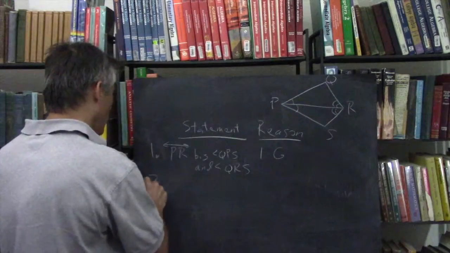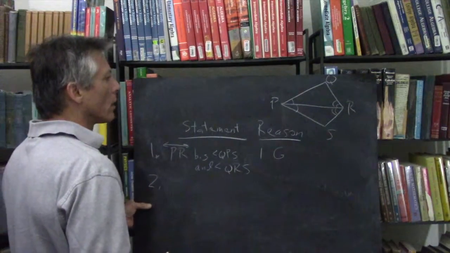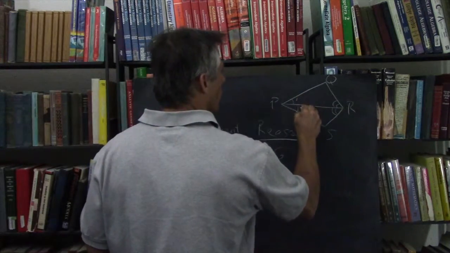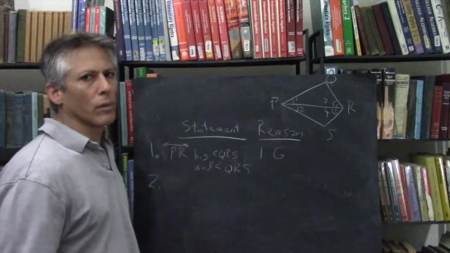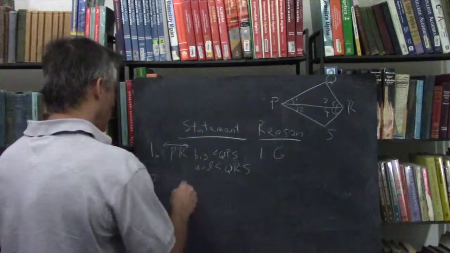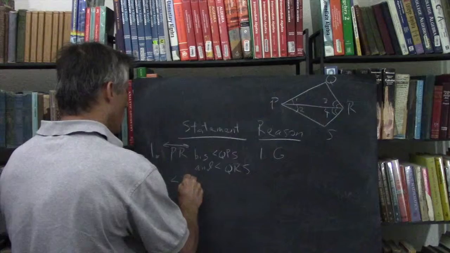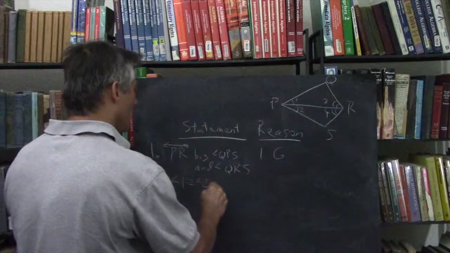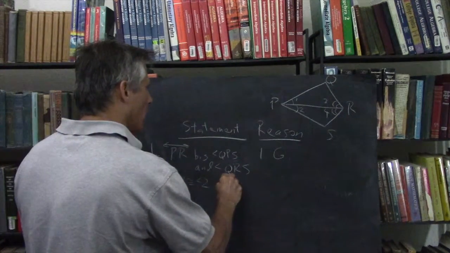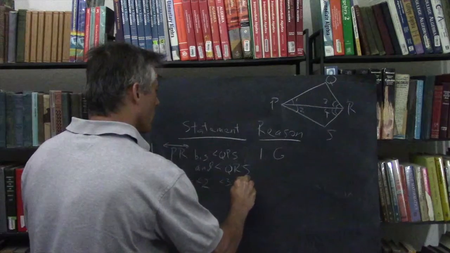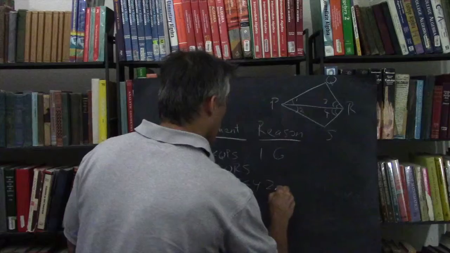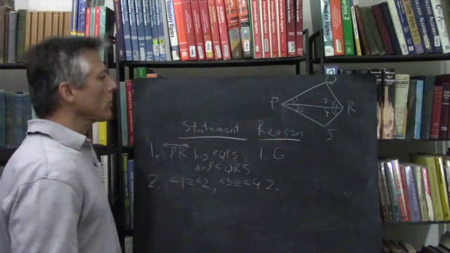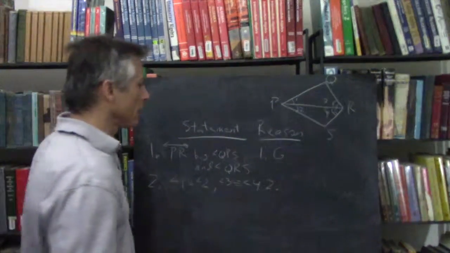Okay, so I'll call them 1, 2, 3, and 4, so I don't got to write out so many letters. So angle 1 congruent to angle 2, and angle 3 congruent to angle 4, and that's going to be definition angle bisector.